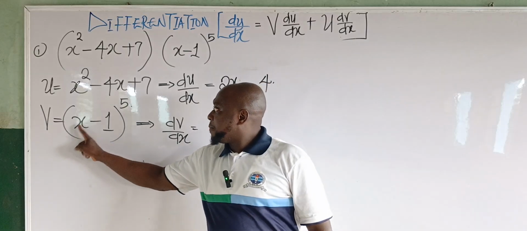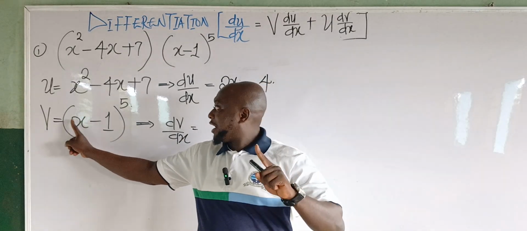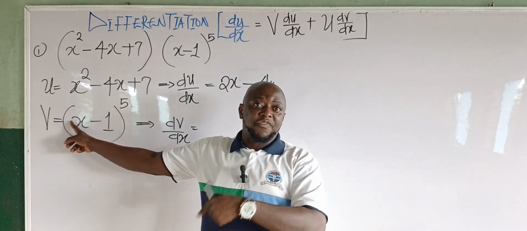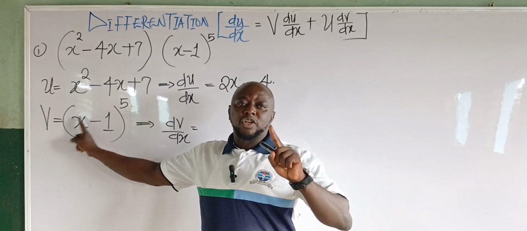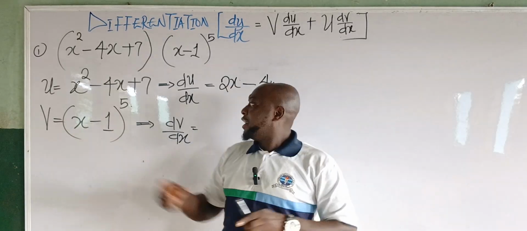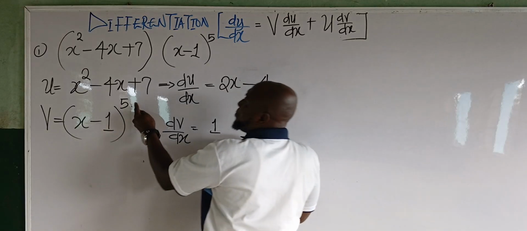For this one, this is power 1 here. If you are differentiating x power 1, you take the coefficient. The coefficient of x here is 1. So I'll write 1 here.